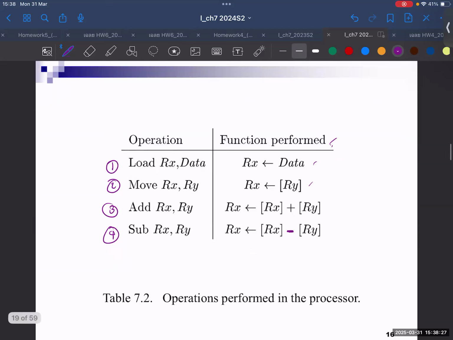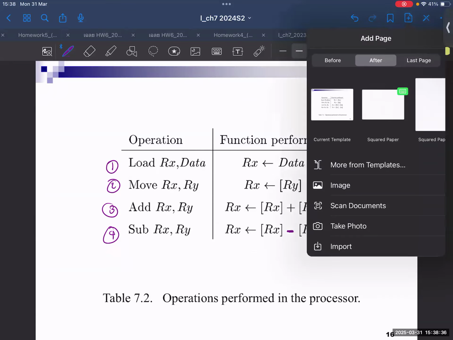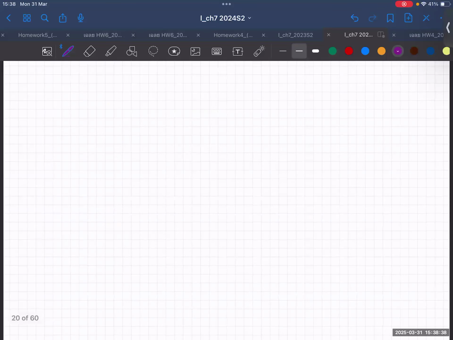To describe the operations of the registers of a computer or of any CPU, actually there are three levels. Let's say the first level is the highest level, the high level language. For example, Python, C language, whatever it is.